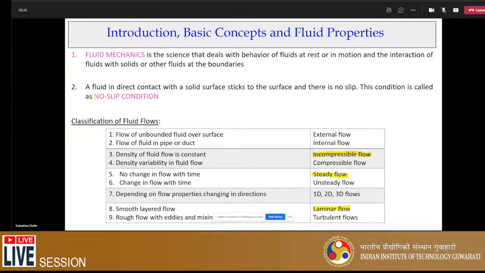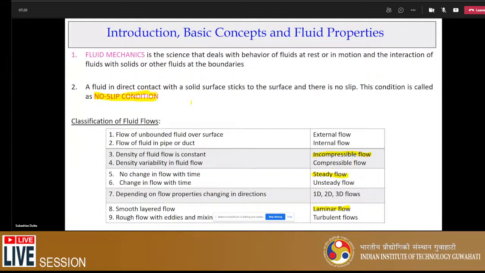More important is to try to understand what is called the no slip condition. That's what is very interesting for us in fluid flow. Whenever you have flow passing over a solid surface, if the solid surface is at rest, the velocity of the fluid particles close to that surface will be 0.